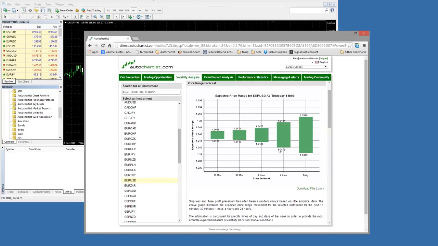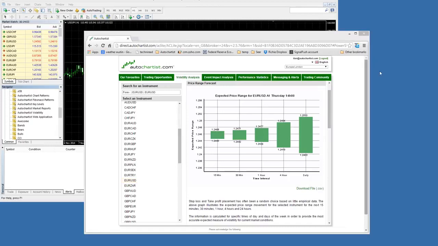So if you want to hold a Euro USD position that you have opened now for more than the next 4 hours, then you should be setting your stop loss or take profit not within 124.19 and 124.94. You should be setting your exit levels higher or below those levels.